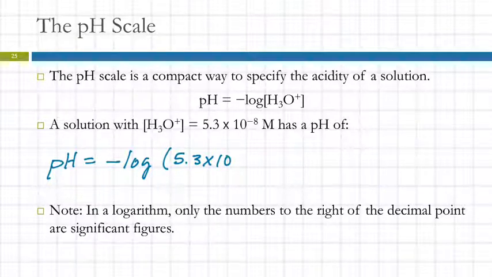Here's your logarithms. The negative log of that concentration. So on my calculator, I'm going to press the negative sign, the base 10 log button, 5.3 EE minus 8, equals, and I get 7.2757.